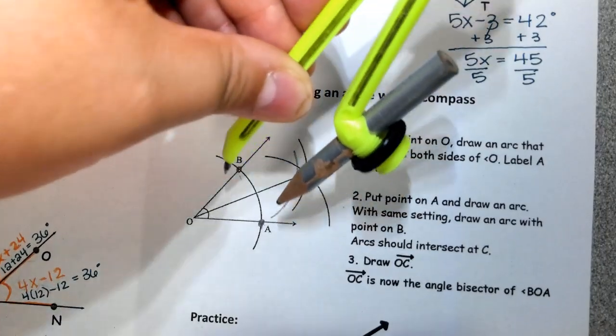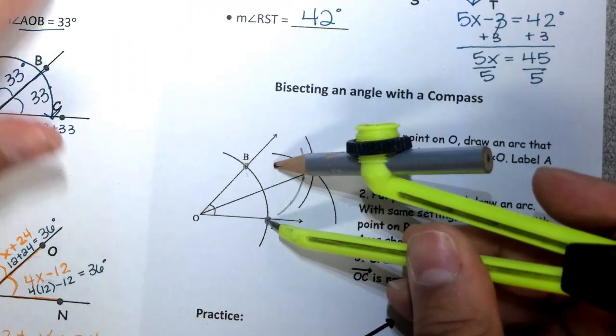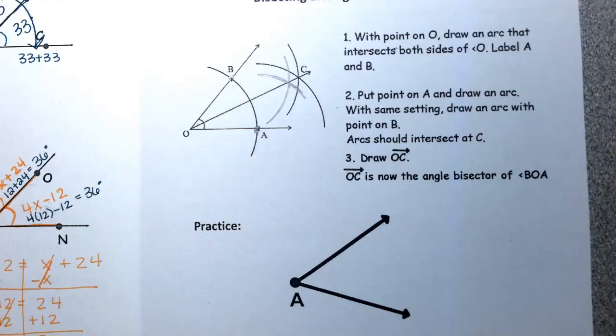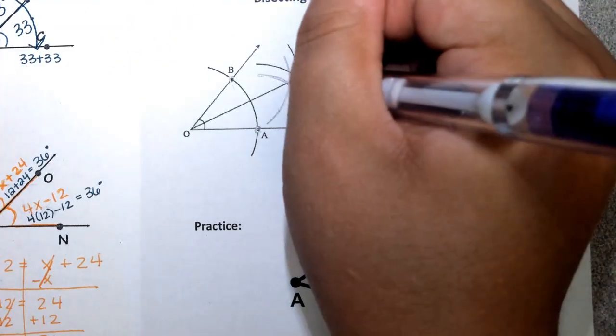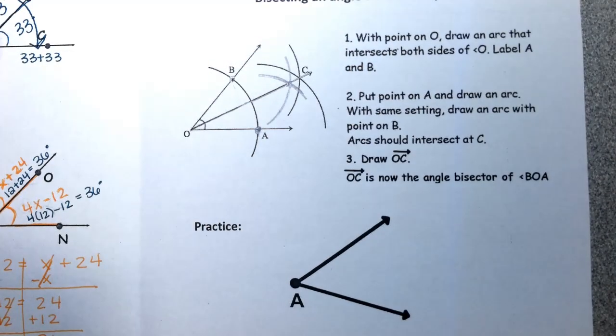Then I'm going to flip it around, put my stylus on the other point, and draw another arc. And where they intersect creates the angle bisector.